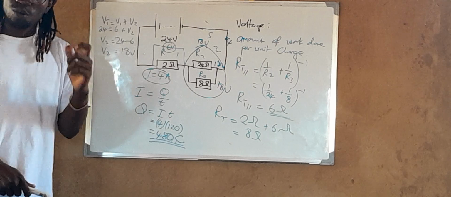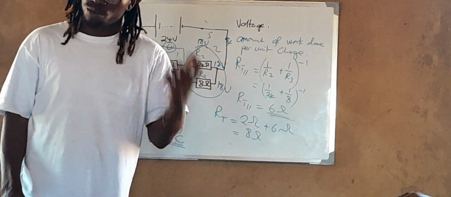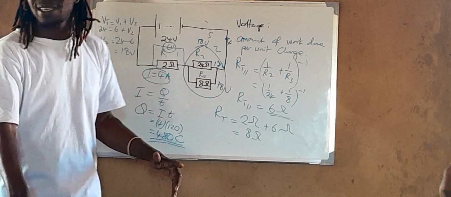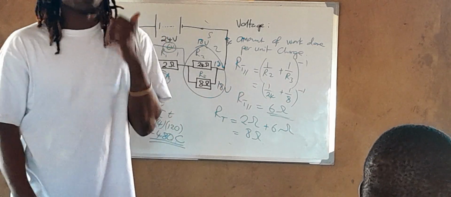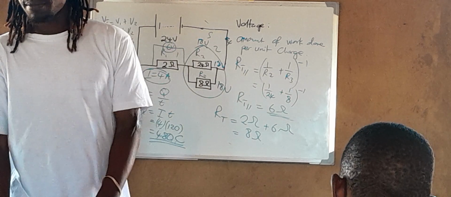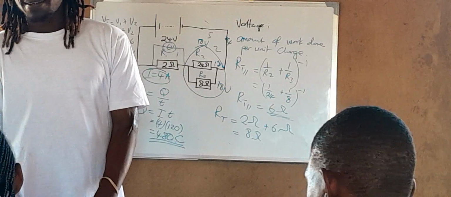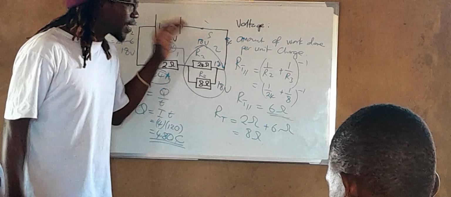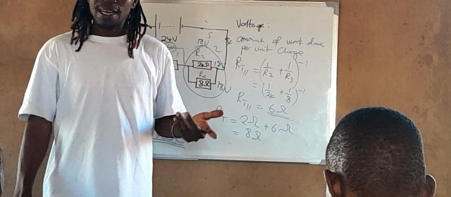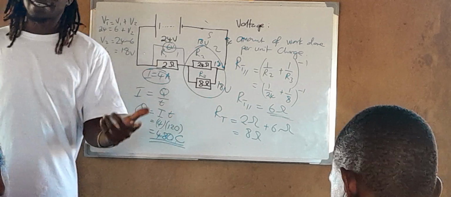That is the only clue to solve all this. You need that clue only. That's why I made you write those notes, because I know that that is the clue that you need to solve any question. So all those things you must keep at the back of your mind every time you are solving this. So that you'll be able to know that, okay, if this is the situation that is happening, it means that my voltage is like this. If it is this situation, it means that my current is like this.